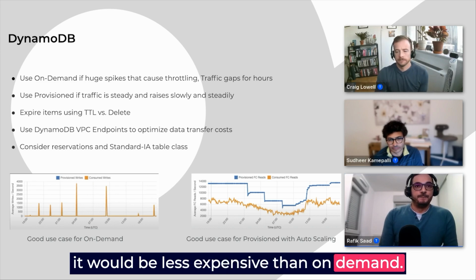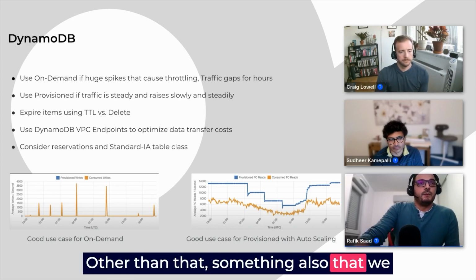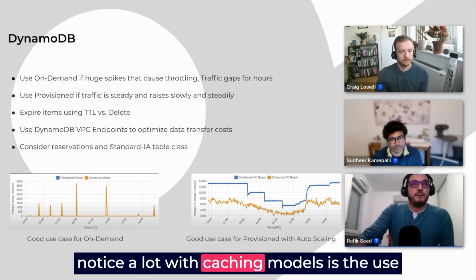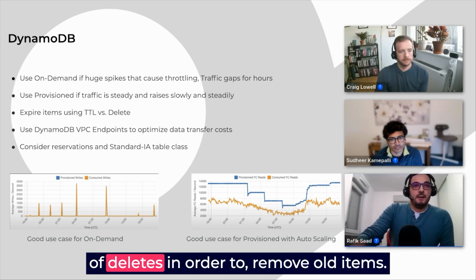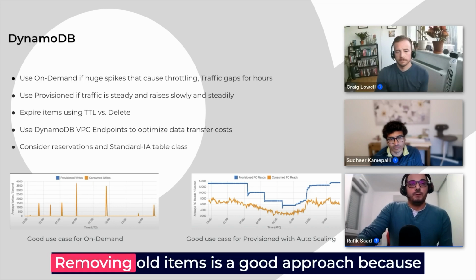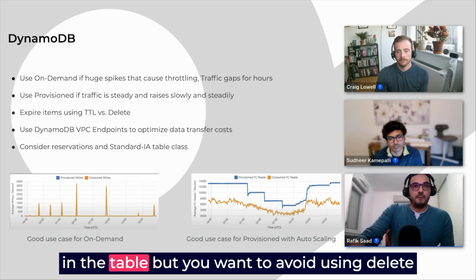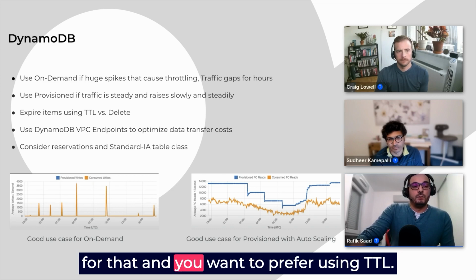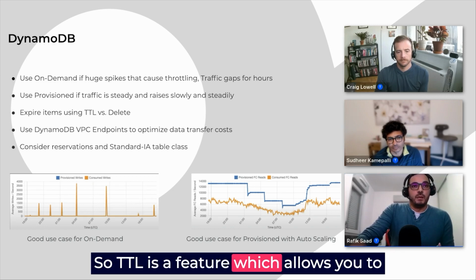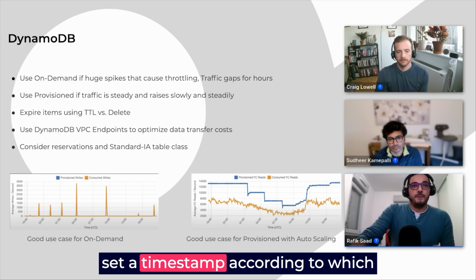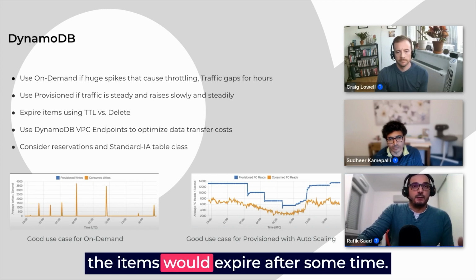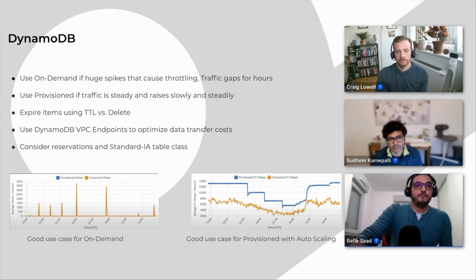Other than that, something else that we notice a lot with customers is the use of deletes in order to remove items. Removing items is a good approach because you want to keep only the most relevant items in the table, but you want to avoid using delete for that, and you want to prefer using TTL. So TTL is a feature which allows you to set a timestamp according to which the items will expire after some time.